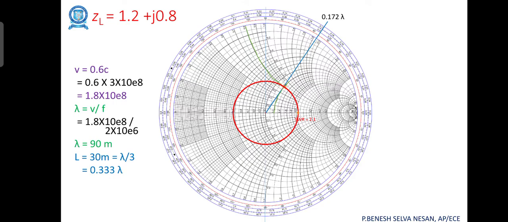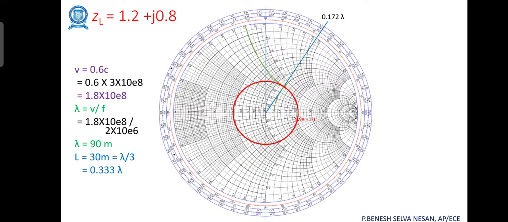The load is located at 0.172 lambda, and from this point you have to travel a distance of 0.333 lambda to find the input impedance.